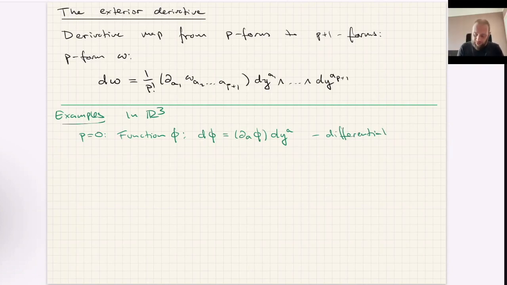So it's comparable to a gradient. Luckily, it becomes the differential, so this notation d phi doesn't really interfere with any notation that we've introduced so far. The differential of a function is just a particular case of this exterior derivative.